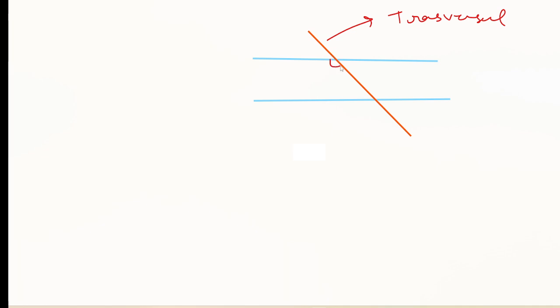Like this angle and this angle, they are called alternate angles. They make a Z-like structure like this. These are alternate angles, and they are always equal.